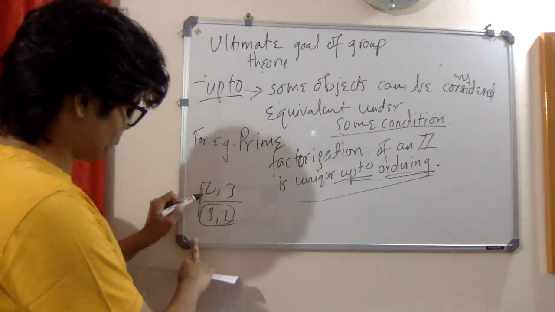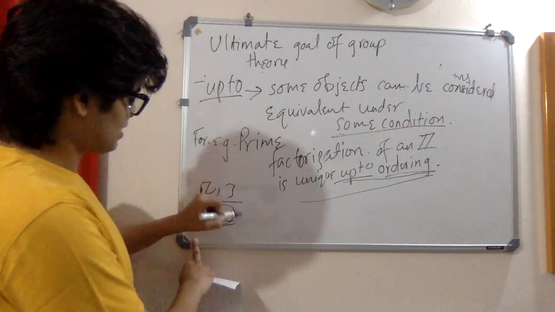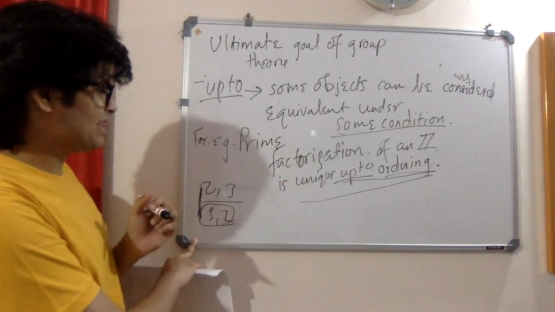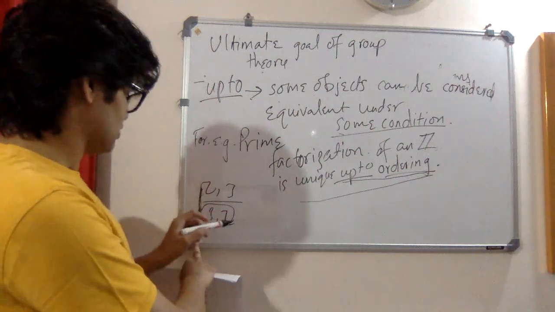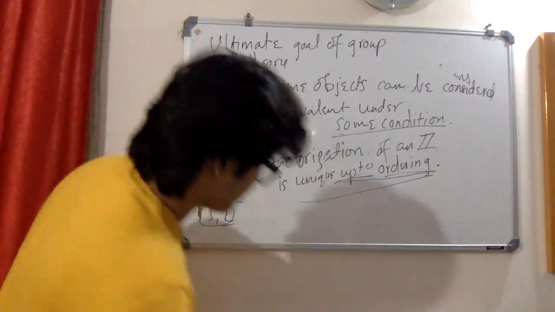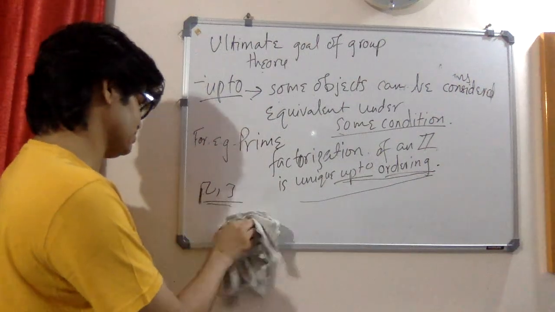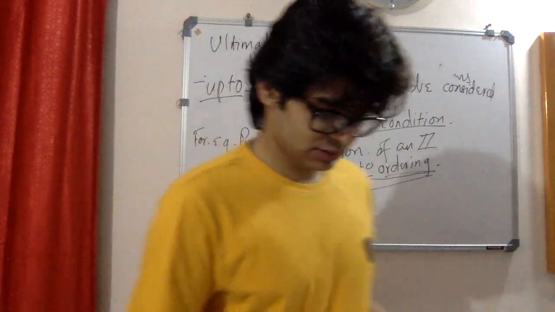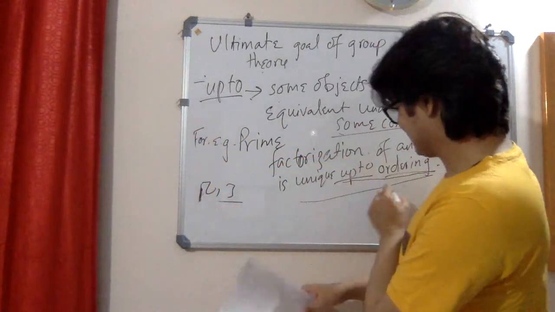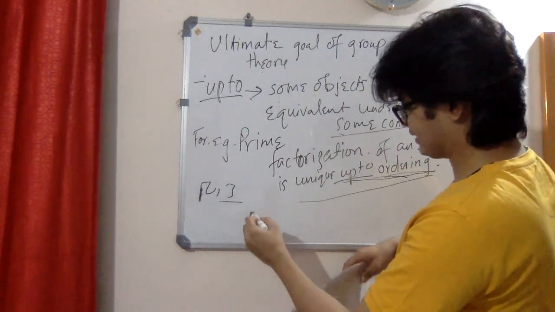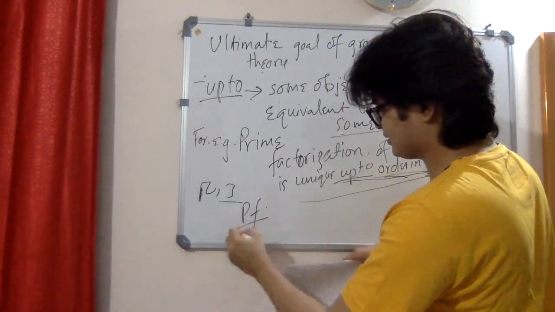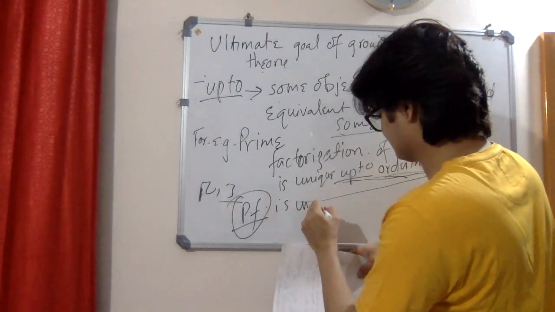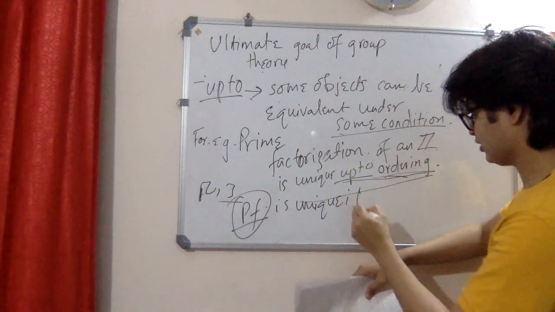That means ignoring the order of the prime factors, we get the equivalence between two prime factorizations. So essentially it is conveying that the prime factorization is unique if ordering is dropped.